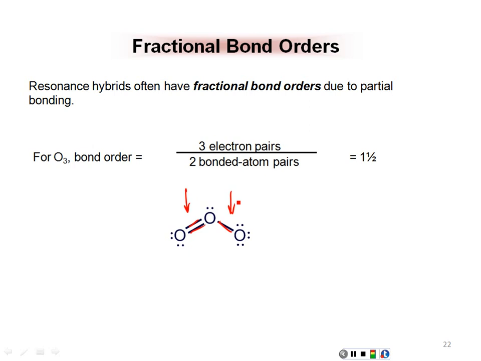So really, you have 1 extra bond that is changing. So it's half the time on one side, half the time on the other. That's where you get an extra half bond order.